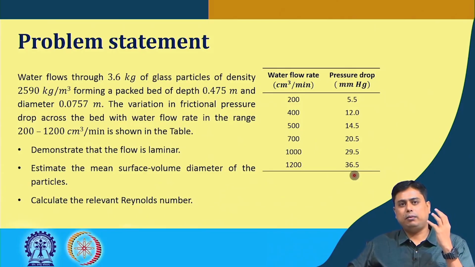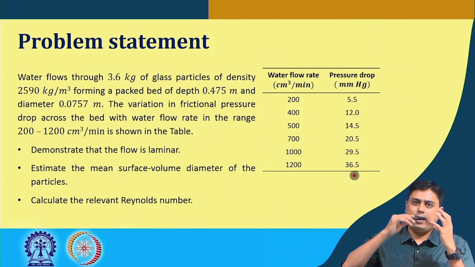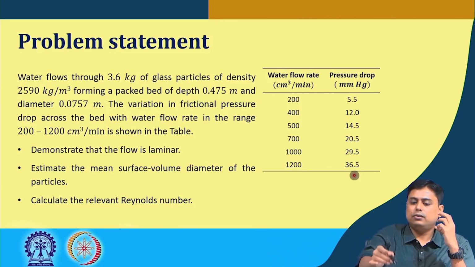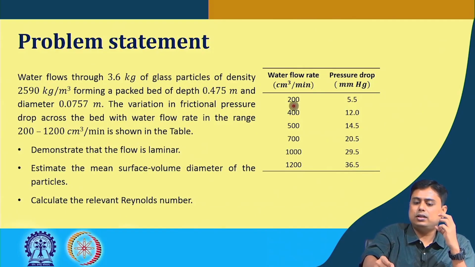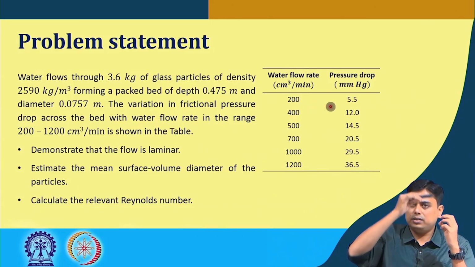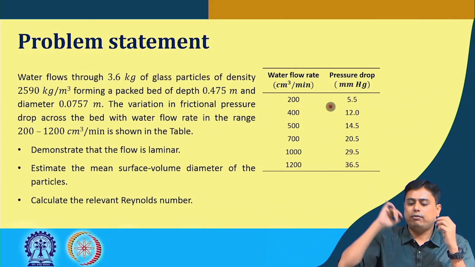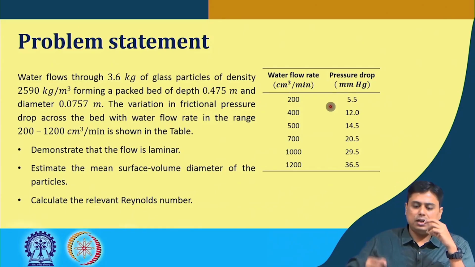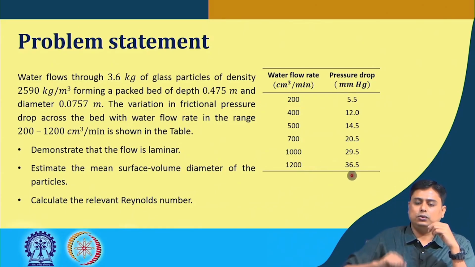We form a packed bed of known depth, and then water is flowing through that packed bed with a varying velocity or flow rate. For each constant flow rate, we have measured the pressure drop across the bed, and these are the values. When there was a steady state with 200 cc per minute of flow rate, we had 5.5 millimeter mercury pressure drop. Similarly, these are the values.